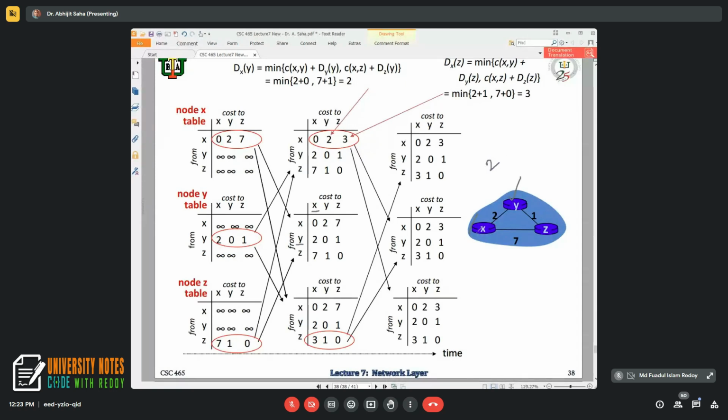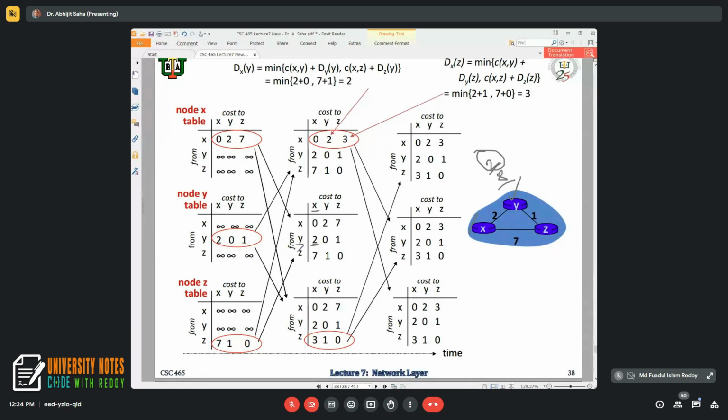And if you're going this way, it is cost of Y to Z plus dz to X. That means 1 plus 7 equals 8. Between these two, we can see that this is the least cost, which is what we have to itself. So there is no update. Understand or not?